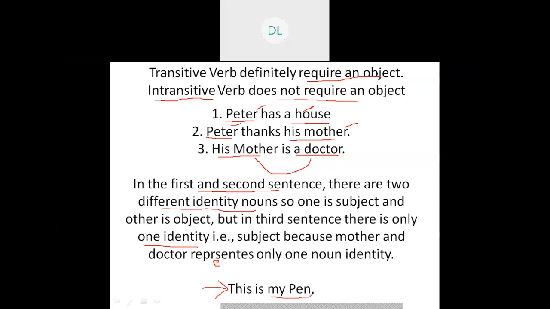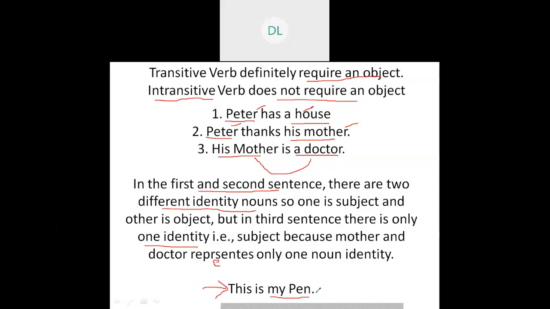Please remember that. In the last sentence, this is my pen, there is only and only one identity, only one noun, that is my pen, and that has to be the subject. I suppose the subject and object topic is clear.